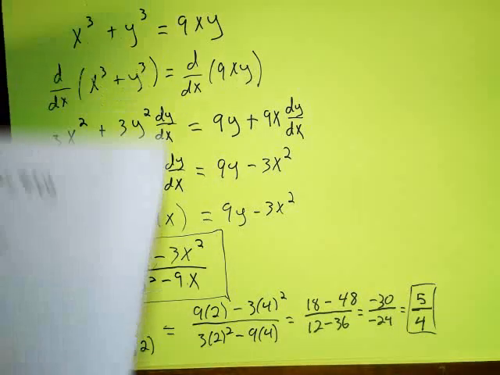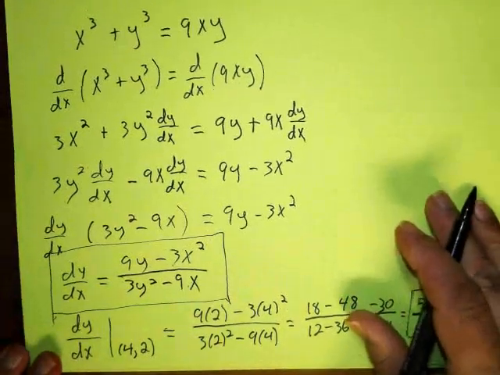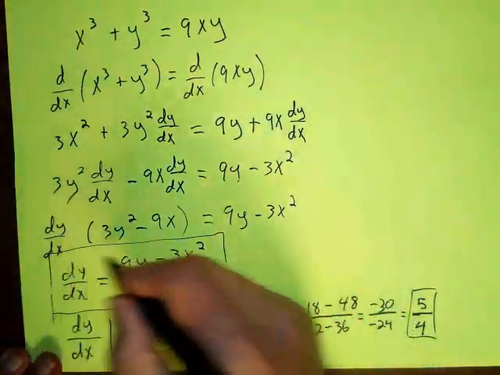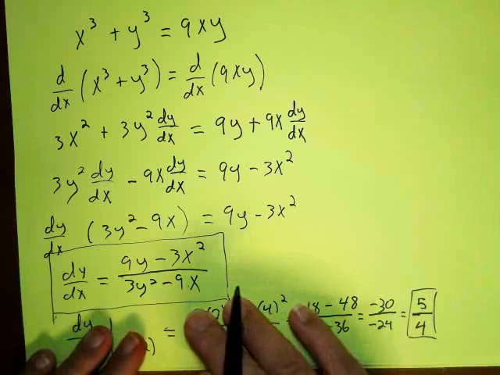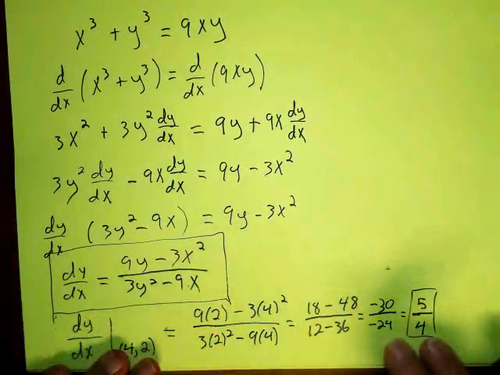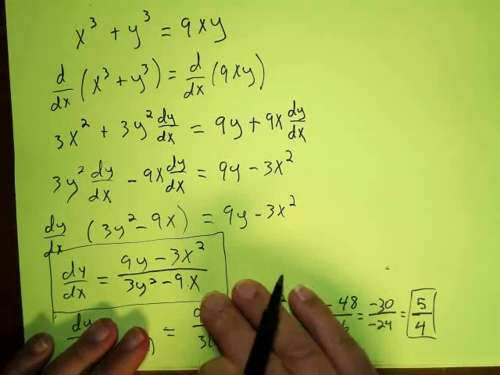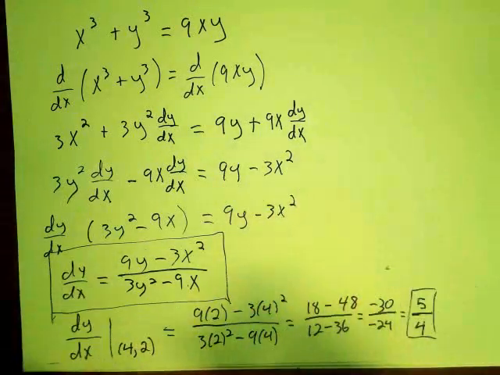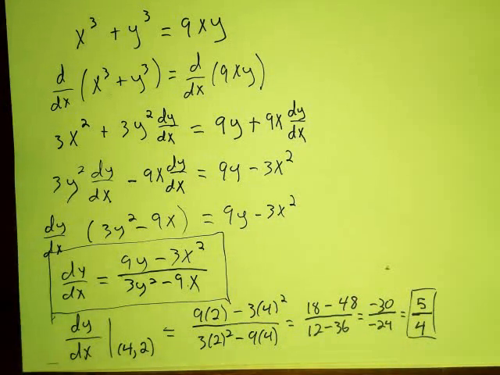So in the next video, I'll show you several other examples of just finding the derivative function, not actually plugging in a value, but finding the derivative function just to see how implicit differentiation works.